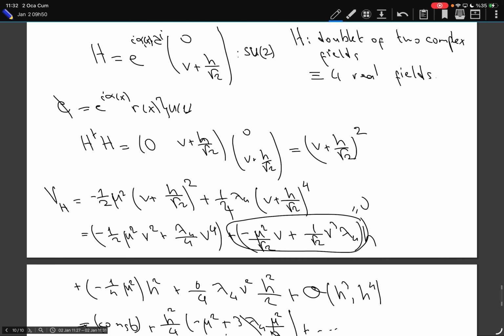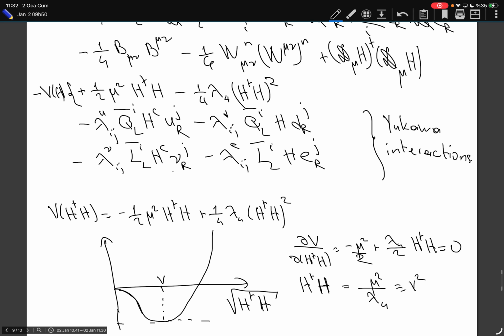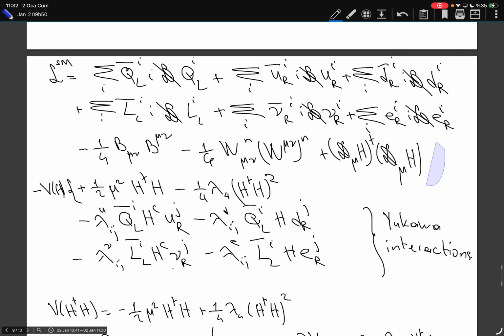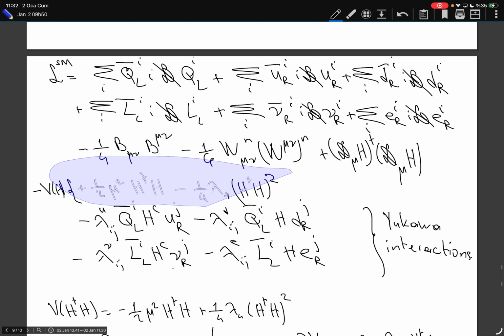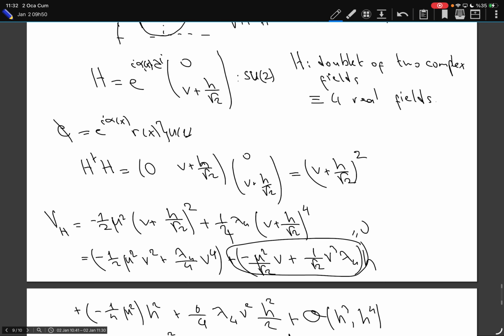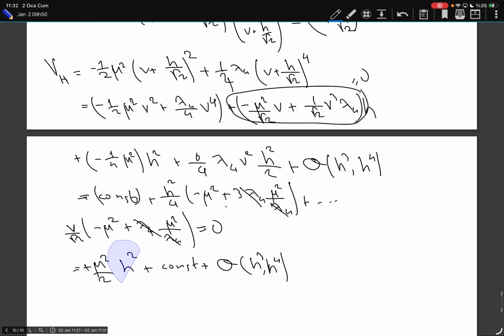You see, if I had a theory that had the Lagrangian equal to this term and these two terms, which will be describing 4 real scalars, in principle, when I go to the ground state, in the potential term only one of those real fields appears.